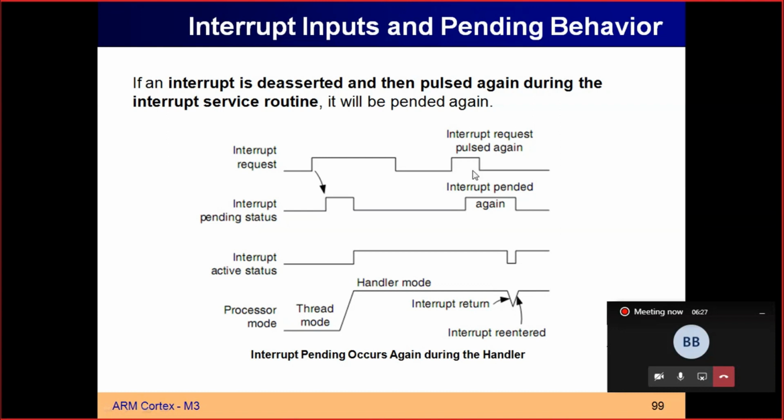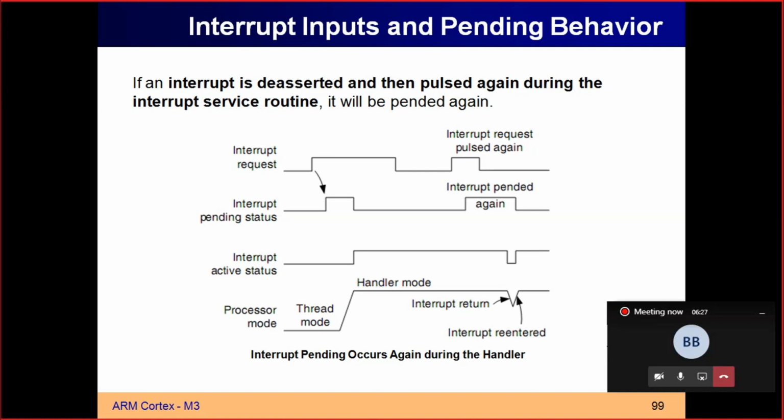So what will happen? It will be taken as a new interrupt. So the pending status bit will be high again, so that whenever the interrupt is exiting, the same ISR will start again for the new interrupt. So when it is pulsed before the ending of the ISR, it will be pended again, or taken as a new interrupt.